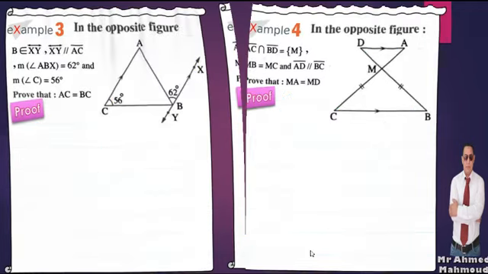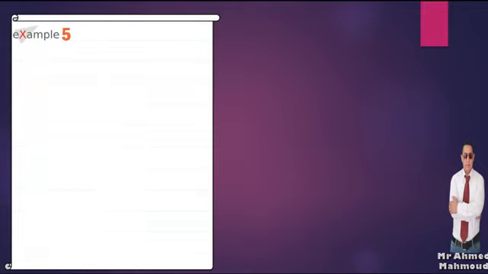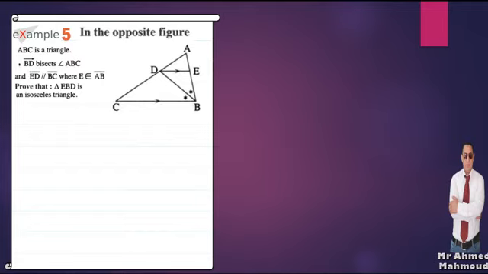Next, example 5. Here in the opposite figure, ABC is a triangle in which BD bisects angle B, ED parallel to BC. Prove that triangle EDB is an isosceles triangle.